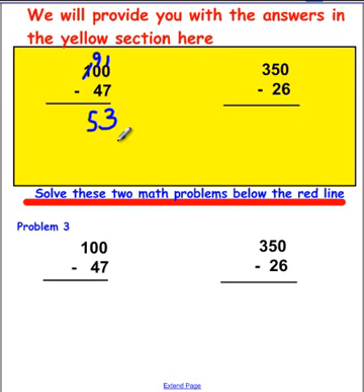Hopefully your answer looks just like ours. Next problem. Basic rules apply. 6 from 10, or 6 from 0. Can't do. So we must borrow from the tens column. So we have a 5. If we borrow 10, that is now a 4.